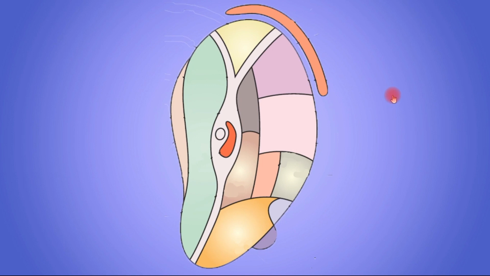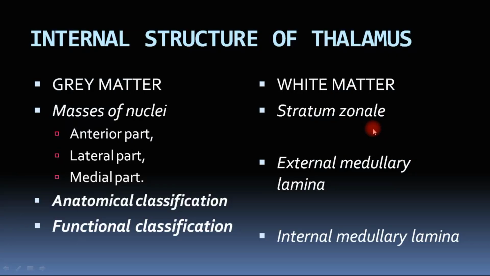For our purpose, we are going to study the anatomy of the thalamus with the help of this diagram. This diagram is just the representation of the horizontal section of the thalamus. In the physiological anatomy of the thalamus, we are going to study the internal structure of the thalamus.